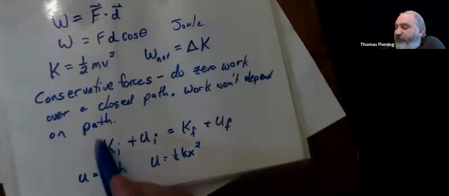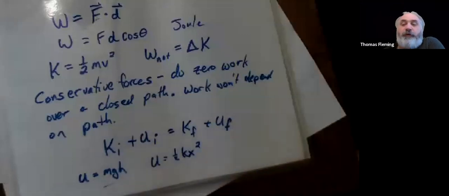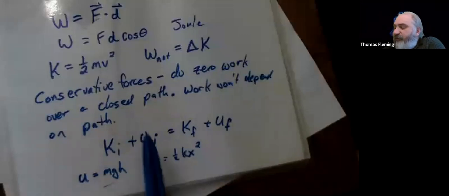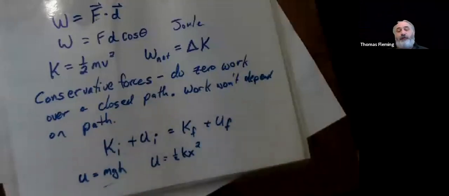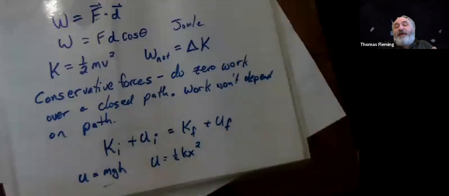And you can use this expression anytime you know there are no non-conservative forces. But even if there were non-conservative forces, you can still sort of use this. You just have to tweak it a little bit. Because this says that if there's no non-conservative forces, the energy I start with is the same as the energy I finish with. If there were non-conservative forces, those non-conservative forces may end up transferring me extra energy, or they may be taking energy away from me.